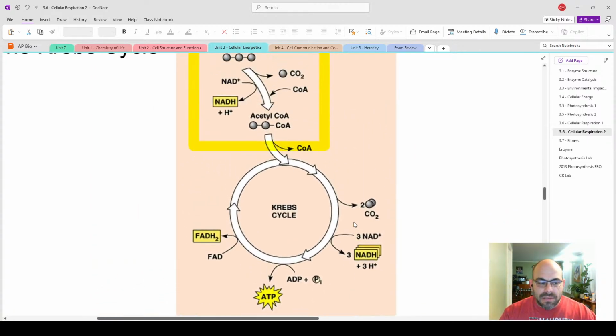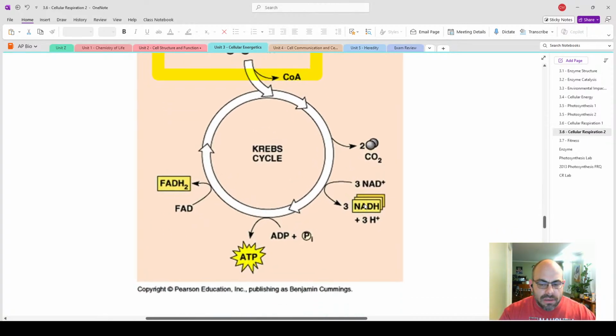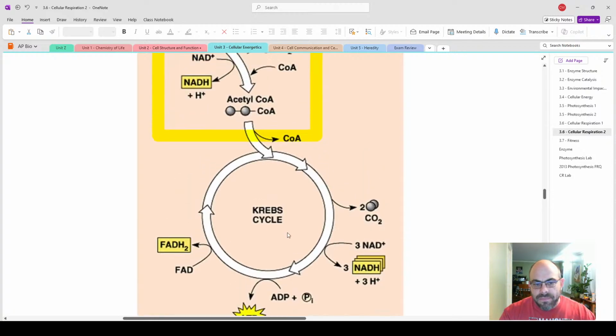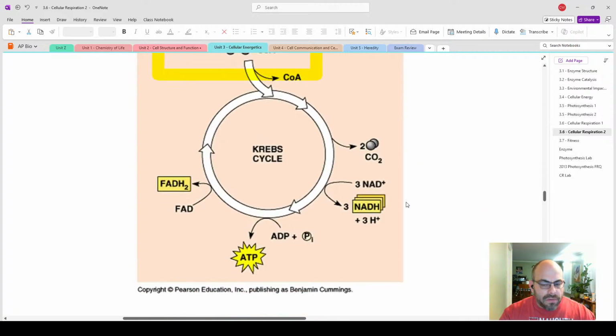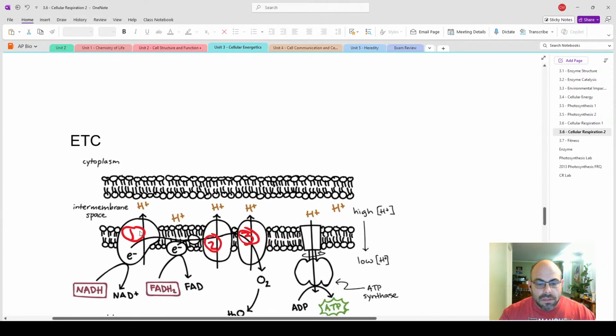I mean, that ATP is not unimportant, but it's not important for us. The big purpose of the Krebs cycle, lots of NADH is made, right? And of course, Krebs has to happen twice for each glucose molecule because there's 2 pyruvates. Where are those electrons now? They're being carried by NADH or FADH2. And then lastly, ETC.